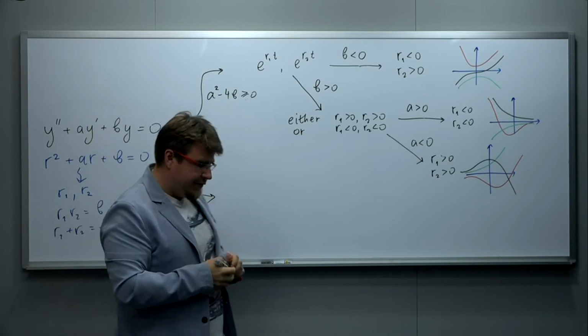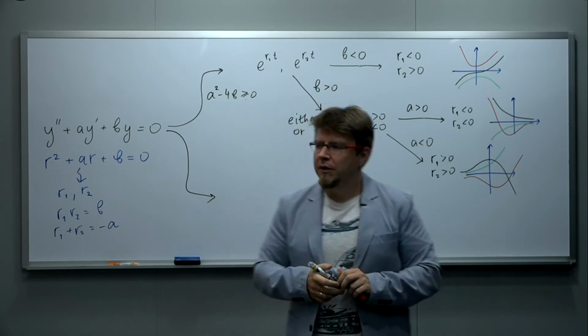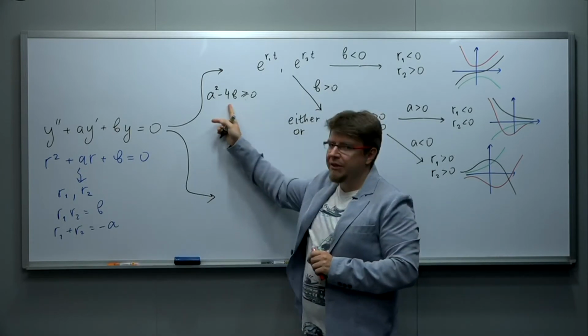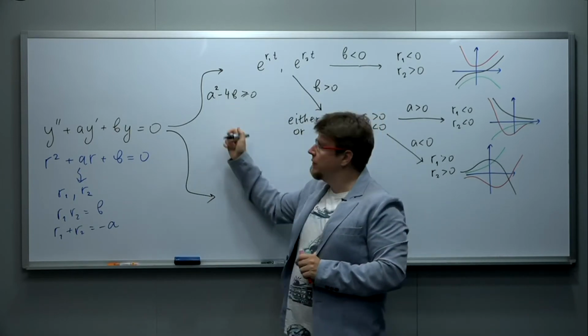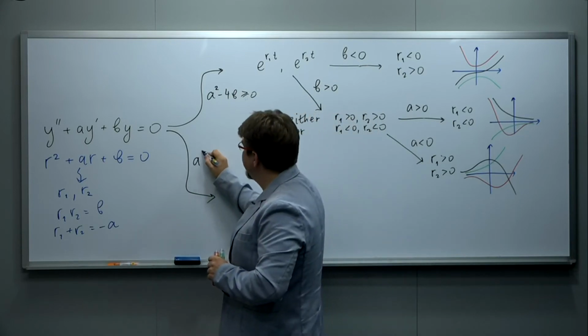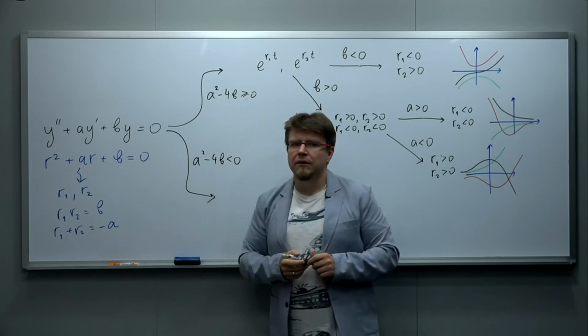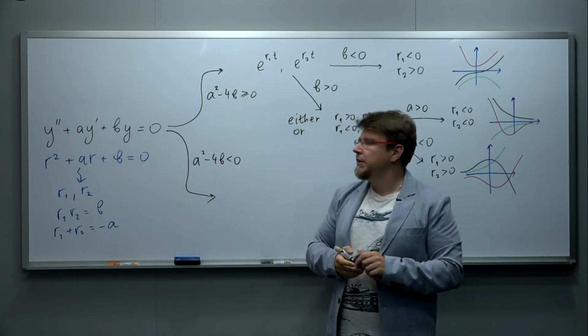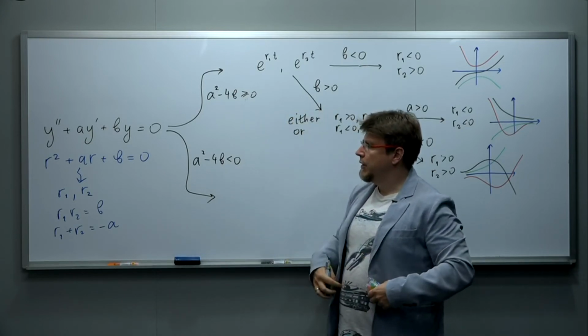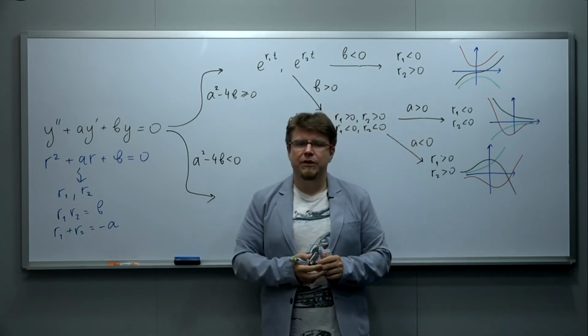A completely different alternative is when the discriminant of the quadratic equation is negative. Right? So if a squared minus 4b is negative, then we are going to have complex solutions.